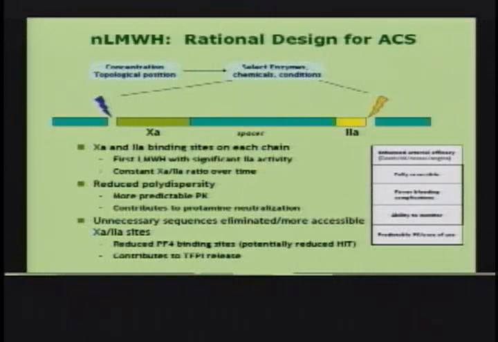It also had a constant ratio between these two, which is very important. It had the reduced polydispersity that limits both heparin and low molecular weight heparin. In many ways, you could view this as having the best attributes of heparin and low molecular weight heparin, and it removed the bad attributes of both, so that it eliminated unnecessary sequences or sequences that caused side effects.